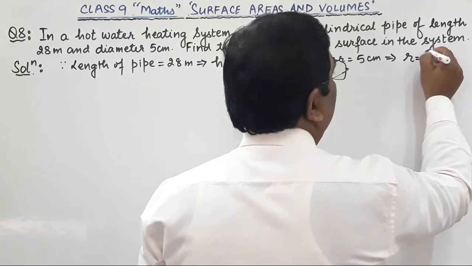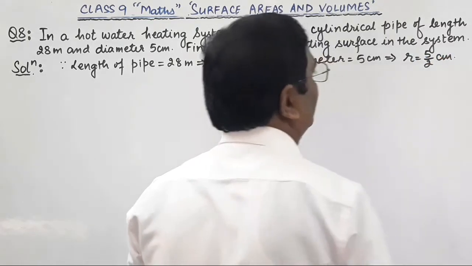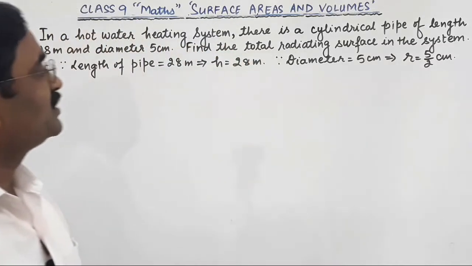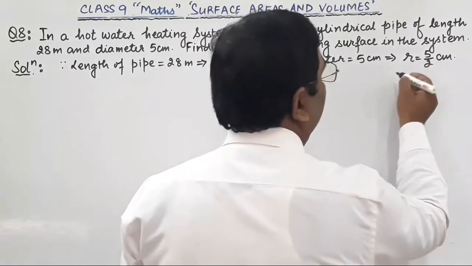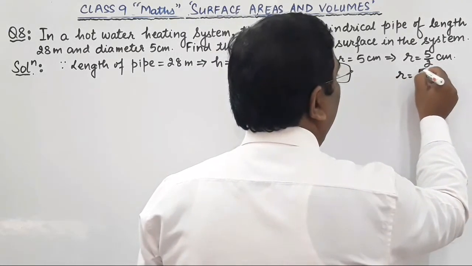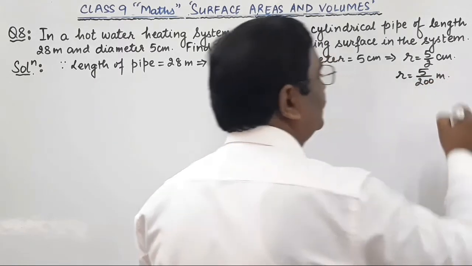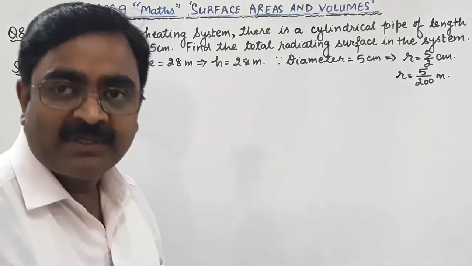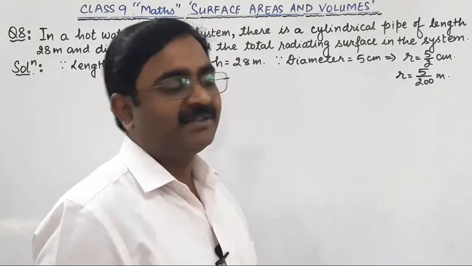Radius is 5 by 2 centimeter. Right? Convert this into meter. So it can be written as 5 upon 200 meter. Right friends? Why? Because 1 meter is equal to 100 centimeter.